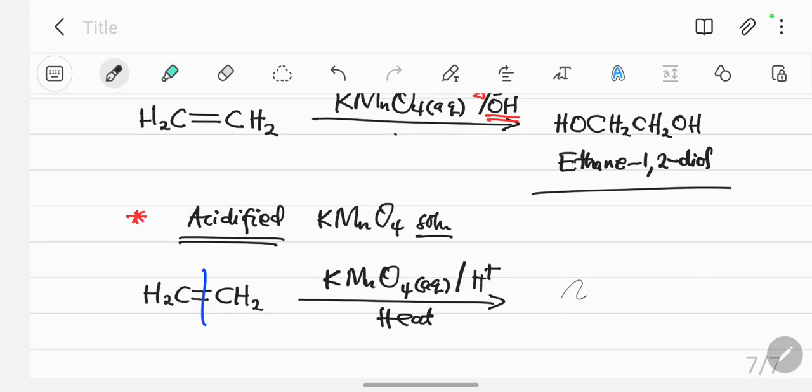2 carboxylic acids. So one is this carbon atom, it's going to get 2 OH, 2 oxygen atoms. Then you see that if you try to look at it keenly, there are 2 hydrogens. So 1, 2. Then we give it 2 oxygen atoms.